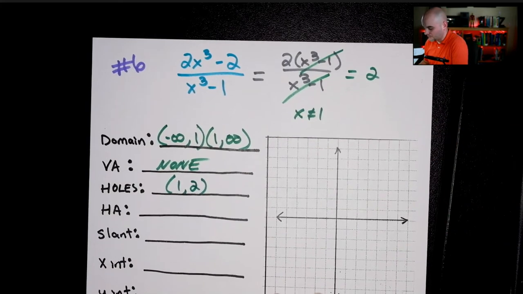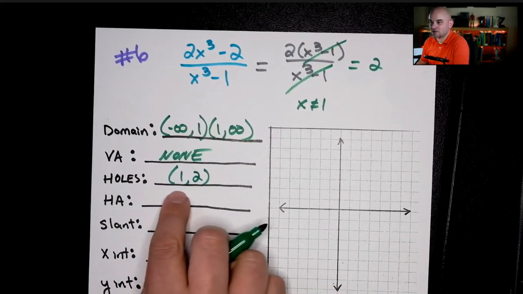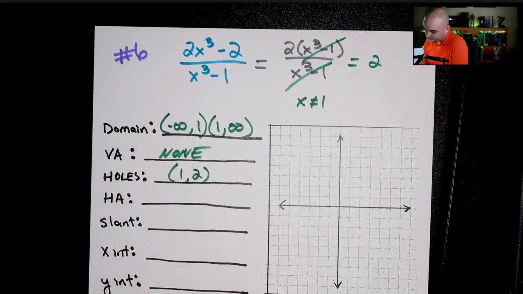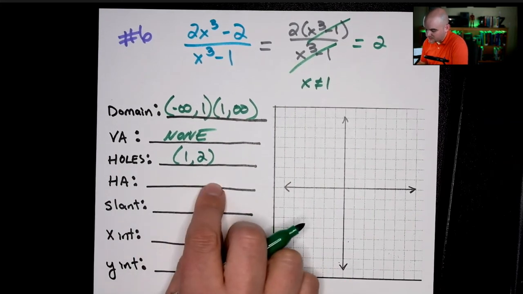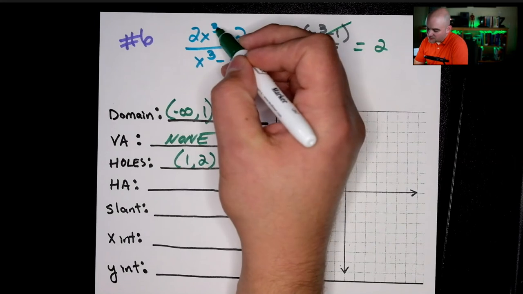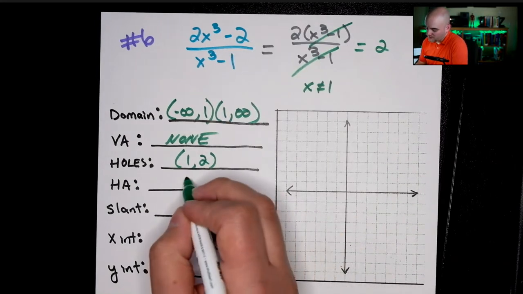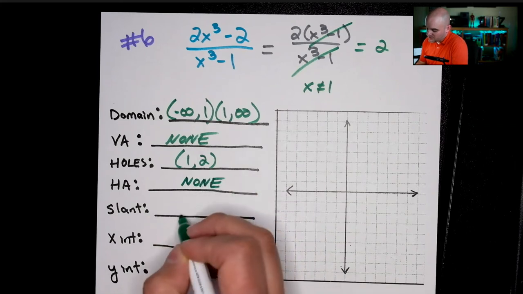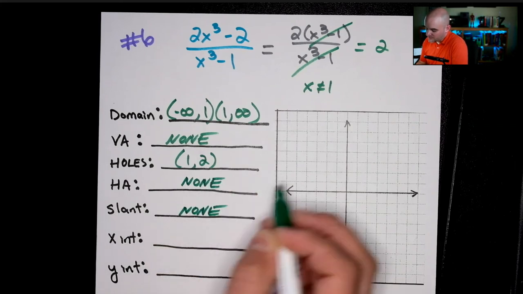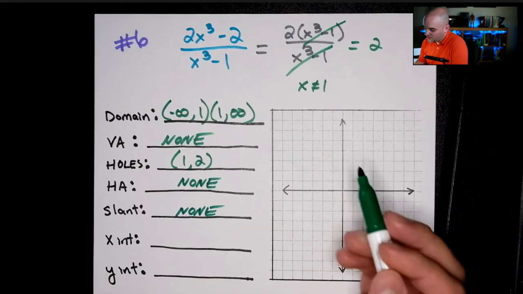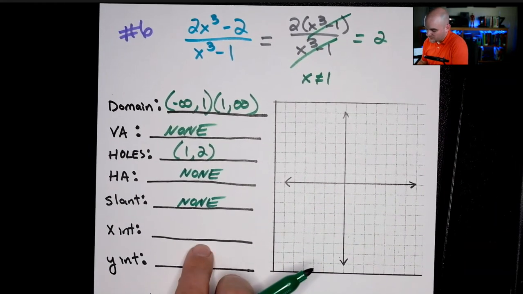It's just 2. And when you see the graph, you'll understand why that's the case. There is no horizontal asymptote because the degree of the numerator equals the degree of the denominator. And there is no slant asymptote because if you divide this out, you end up getting just 2.